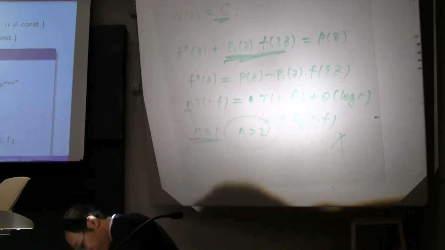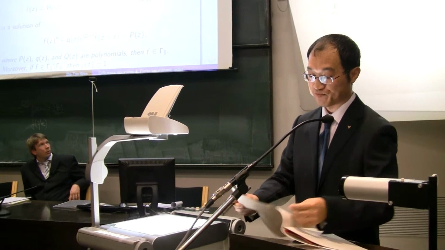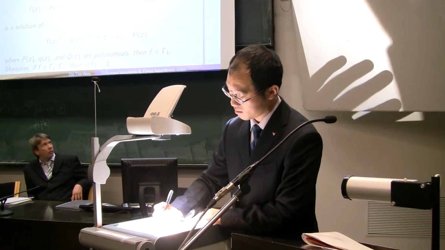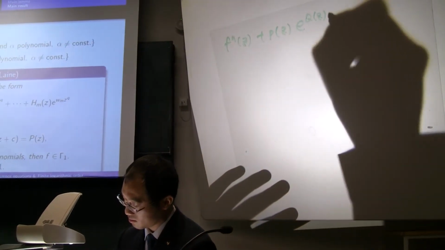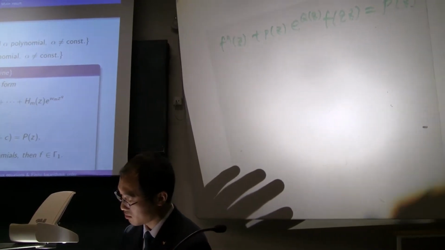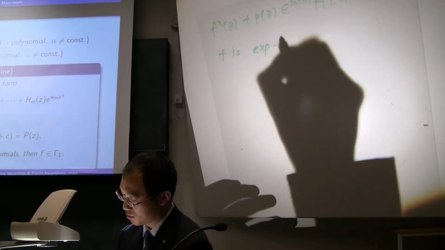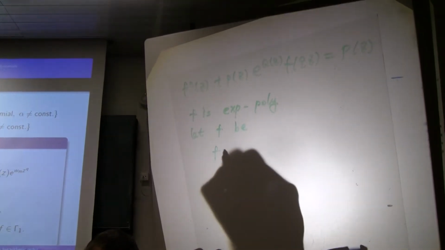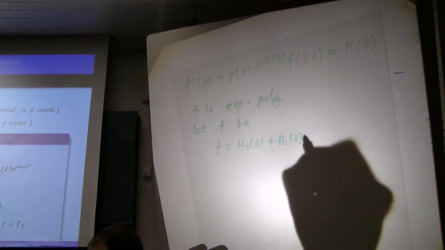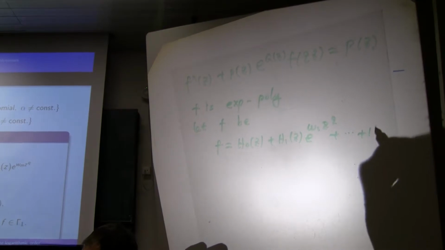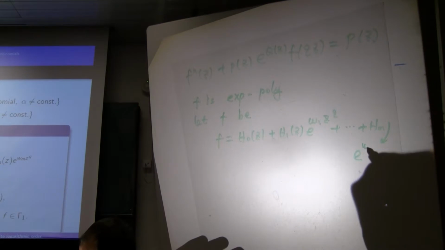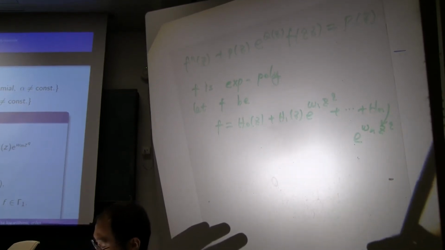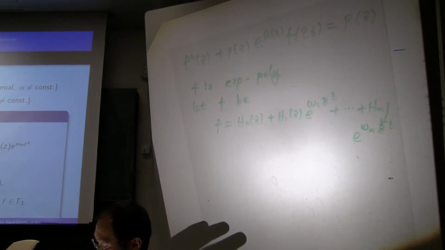If we consider the exponential polynomial solutions of this equation, if f is an exponential polynomial solution, let's write f as h0 plus h1 e^{w1 z^q} plus and so on plus hm e^{wm z^q}. q is the order of f, and h0, h1, ..., hm are exponential polynomials of degree less than q, or polynomials. w1, ..., wm are the leading coefficients.